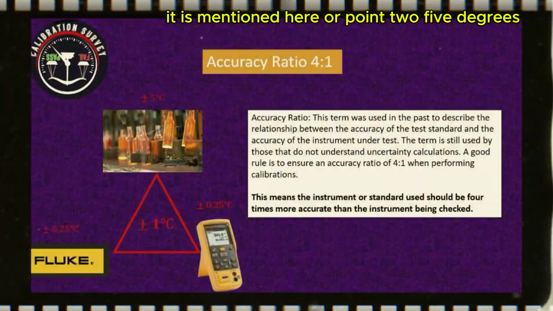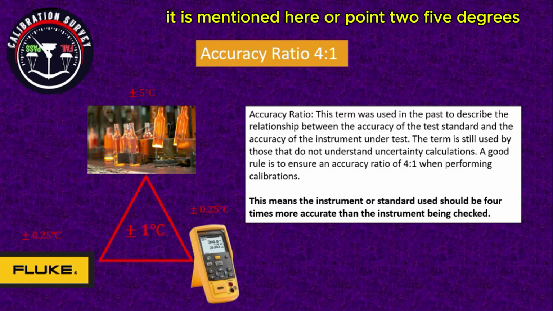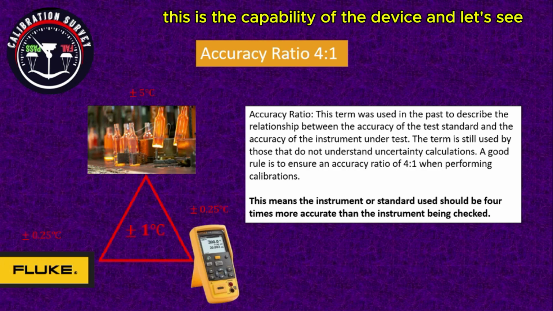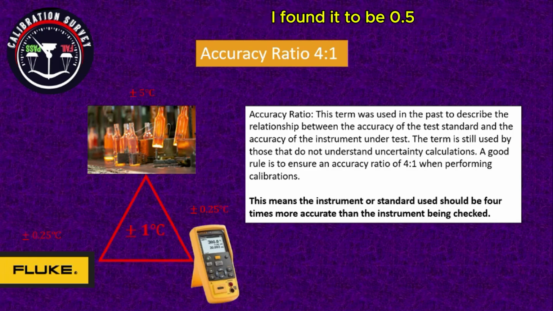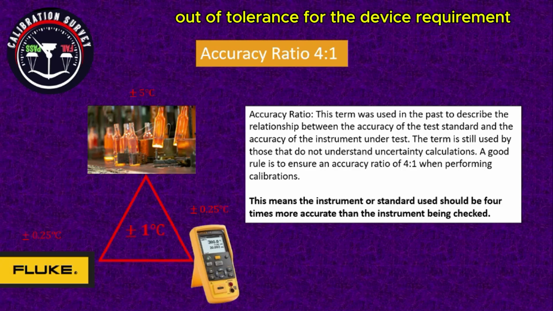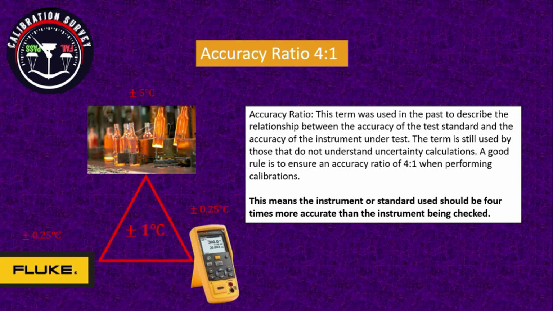It is mentioned here 0.25 degrees. This is the capability of the device. And let's see, I found it to be 0.5, not 0.25, but I found it 0.5 degree out of tolerance for the device requirement.